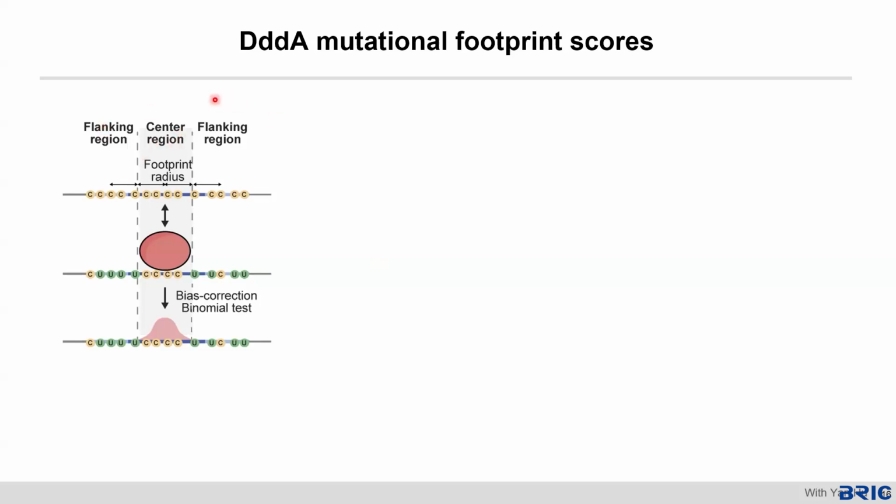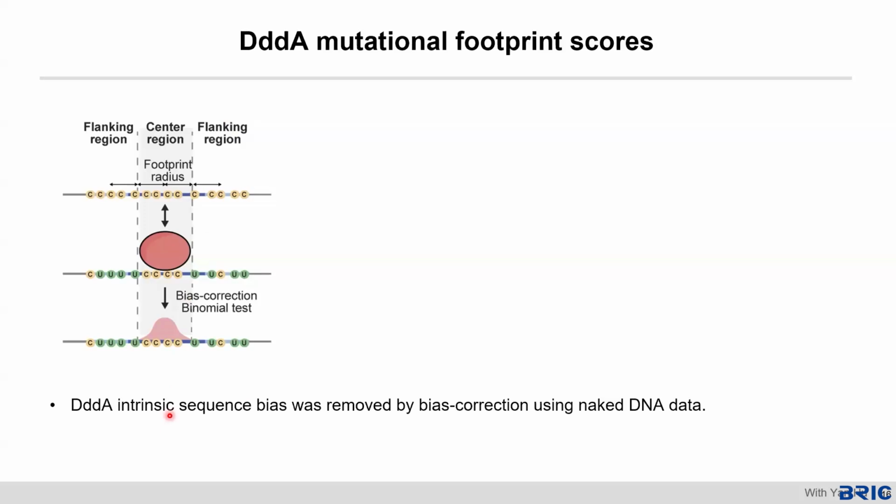We slide this window across the genome, and if the center region has a significantly lower mutation rate due to protein binding compared to the flanking regions, this leads to a high mutational footprint score. Also, to account for the DddA intrinsic sequence bias, we did a bias correction to remove this artificial factor by using the naked DNA data.